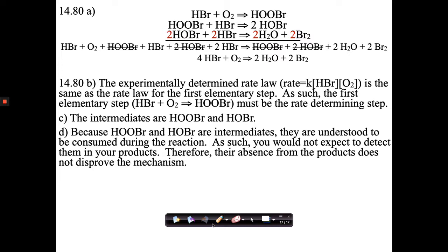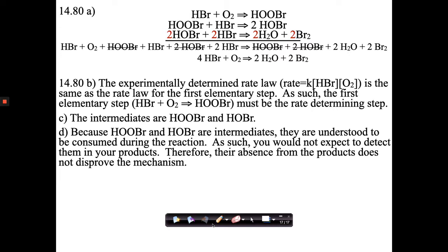And then in 80B, what was that about? Their experimental rate is the same as the rate law. Okay, so that was similar to the previous question, right? They told us. Go ahead, Kate. It will tell you. Yeah. You won't. So, well, okay, so there's two ways that they could do this.